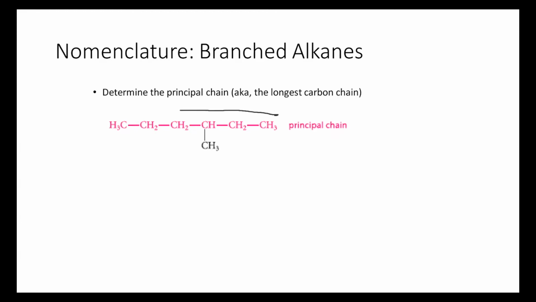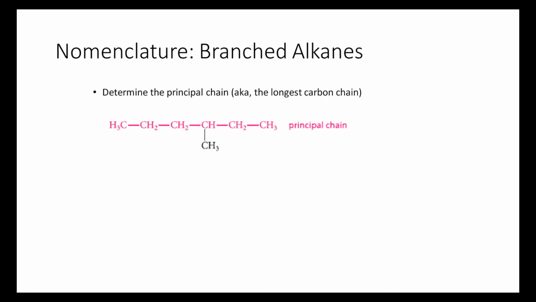Then we have this possibility right here, again a chain you could follow through with the line without having branches. This one has 1, 2, 3, 4, 5, 6 carbons. The other one was 5, the other was 4, this is 6. So this one's the longest carbon chain, and this is going to be the principal chain.